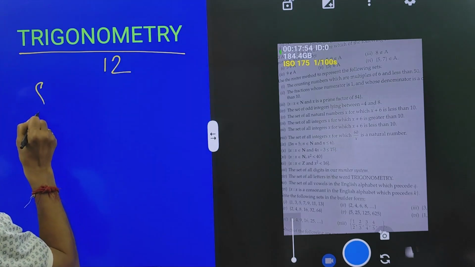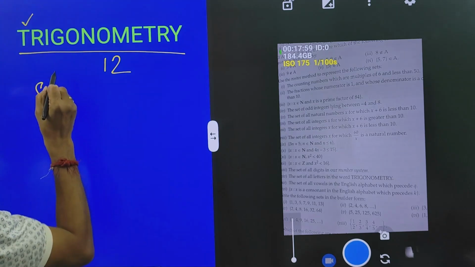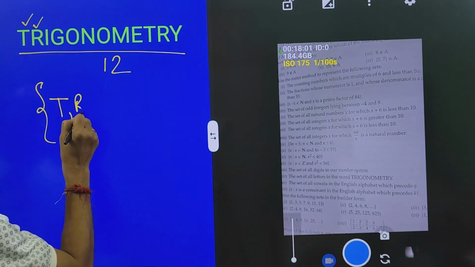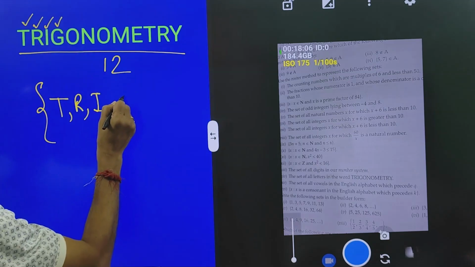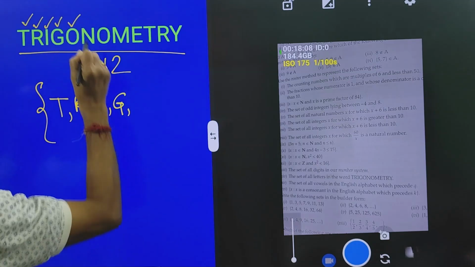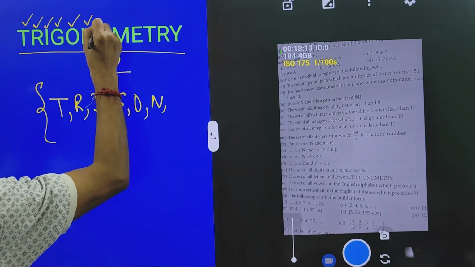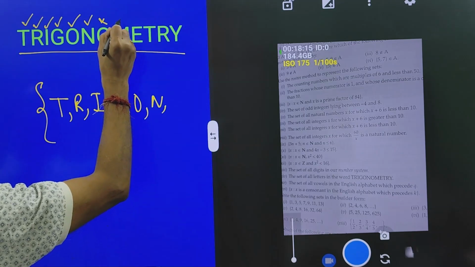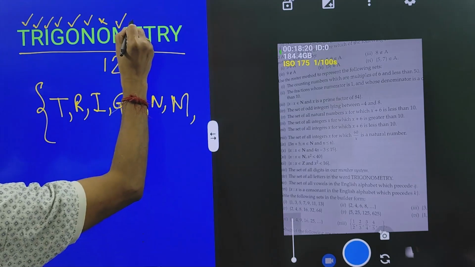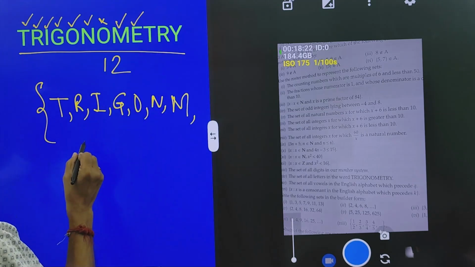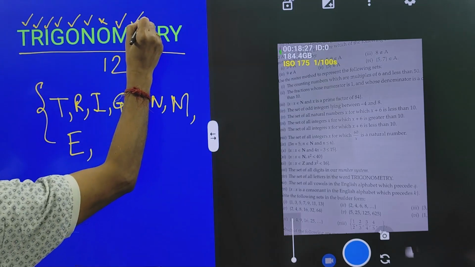Let's see. It is T, then R, then I, then G, then O, then N. O is repeated, will not take. Will take M, then E. T will not count, already we have it.